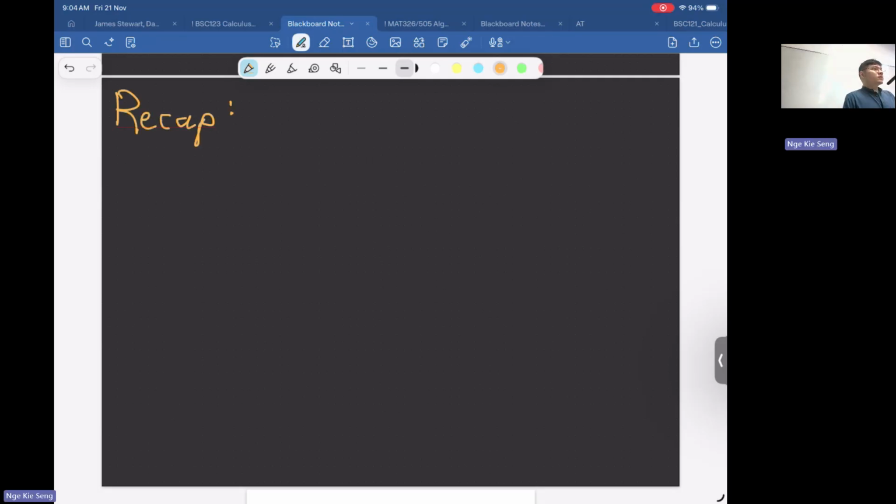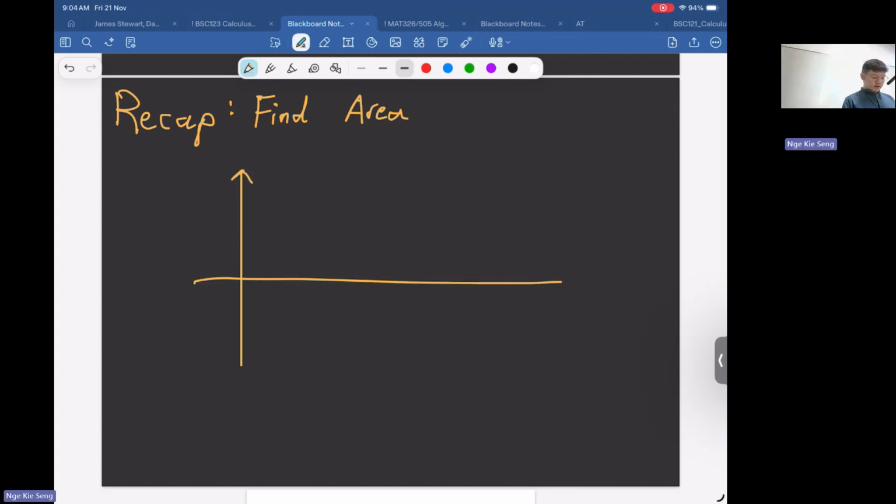Okay, so what we learned on Wednesday was to find area. So basically, you have a graph, and this graph is non-negative.